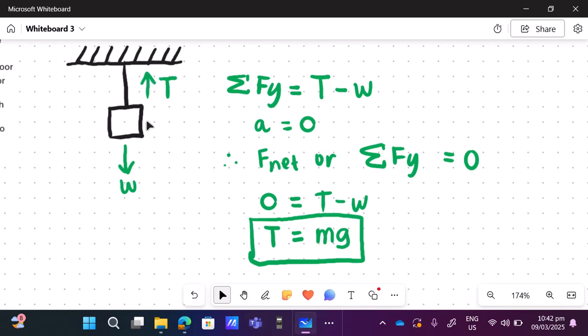And in terms of representing, in our FBD, always take note that the arrows represent the magnitude of the force.